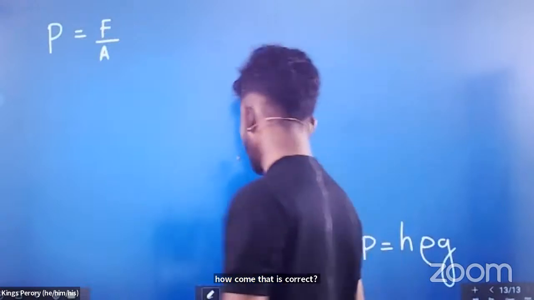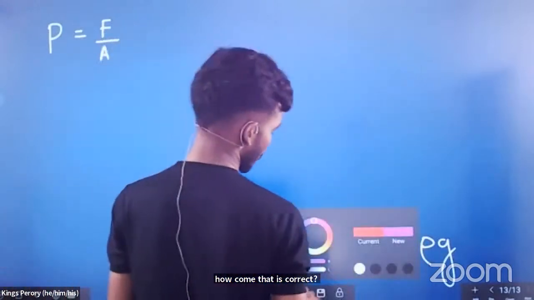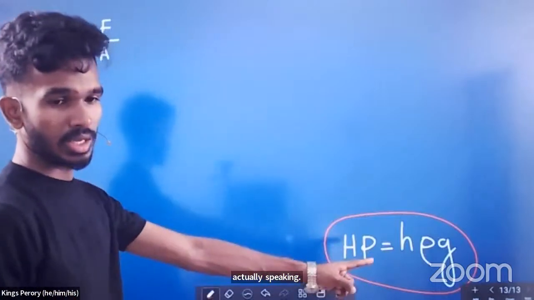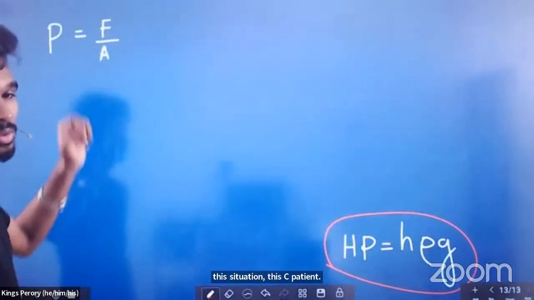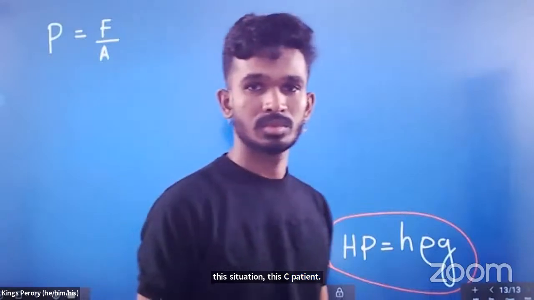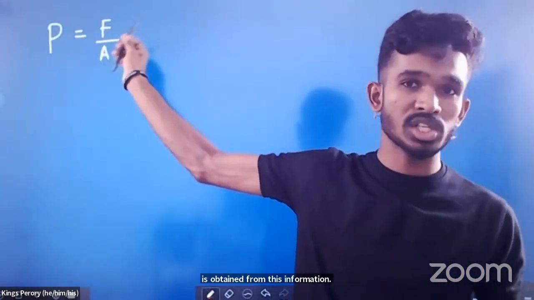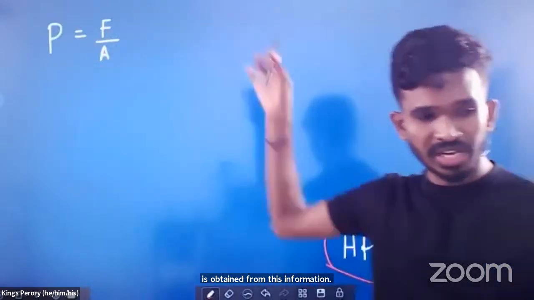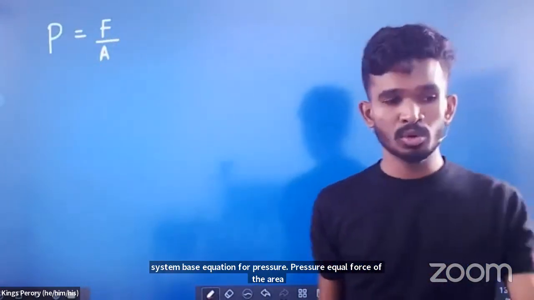Actually speaking, this equation is obtained from this equation. This is the base equation for pressure. Pressure equals force over area. From this one, we derive this equation. I'll prove how we derive it.